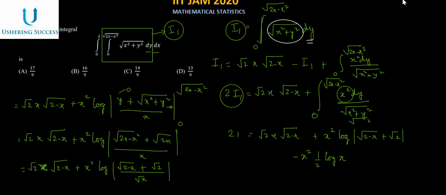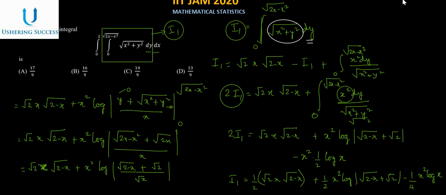So this is 2I1. So therefore I1 would be half into root 2x root over 2 minus x plus half x square log of root over 2 minus x plus root 2 minus 1/4 x square log x.